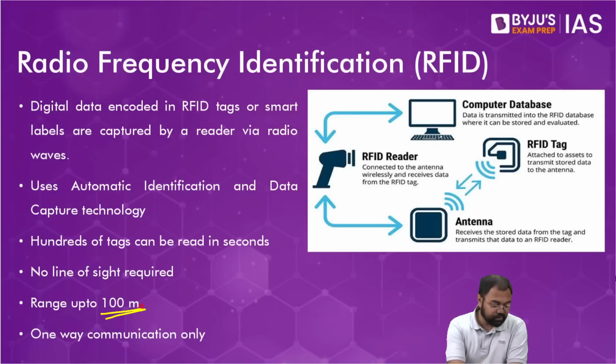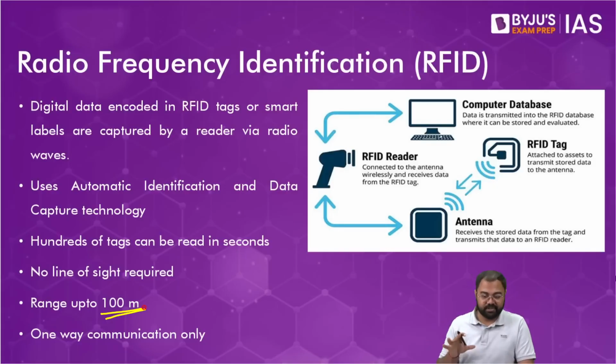Now, RFID can be a much faster mode of communication as compared to NFC. It can work much faster because there are certain advancements in the technology as compared to NFC.